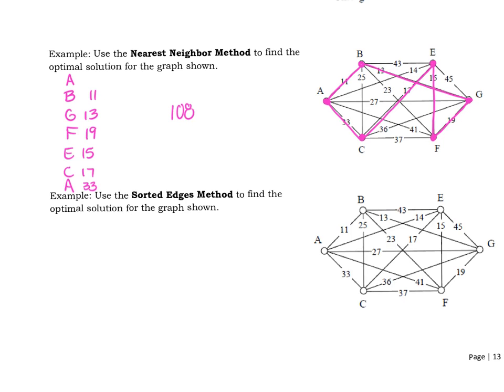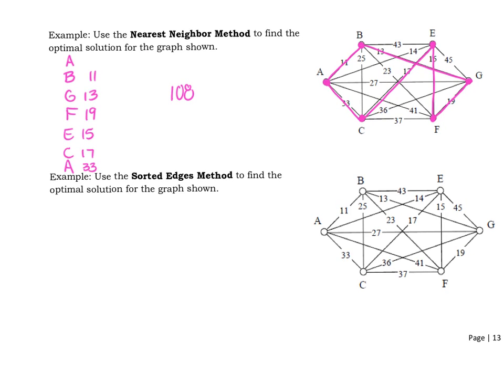Now, if we do the same problem using the sorted edges method, sorted edges says find the cheapest unused edge on the graph. It doesn't matter where it is. So you look at all the numbers in the graph, and the cheapest one happens to be going from A to B at 11.